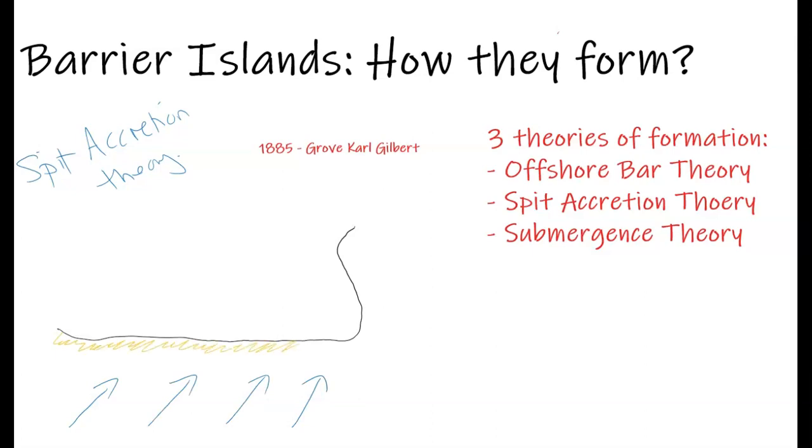All right. Now, what's going to happen is a spit is deposited sand, basically when there's a change in the direction of the coastline, according to the ocean and the wave action and the longshore current, which is going this way, taking sediment along the beach parallel.